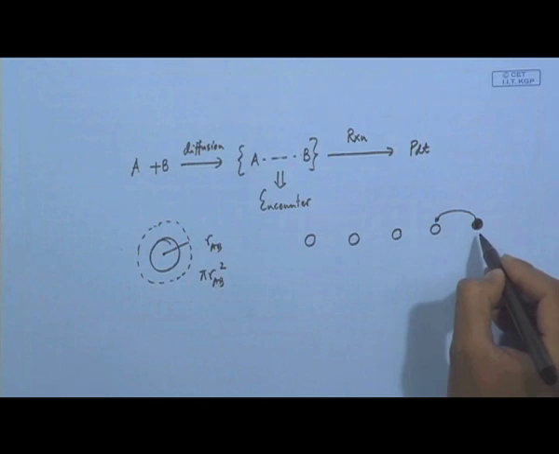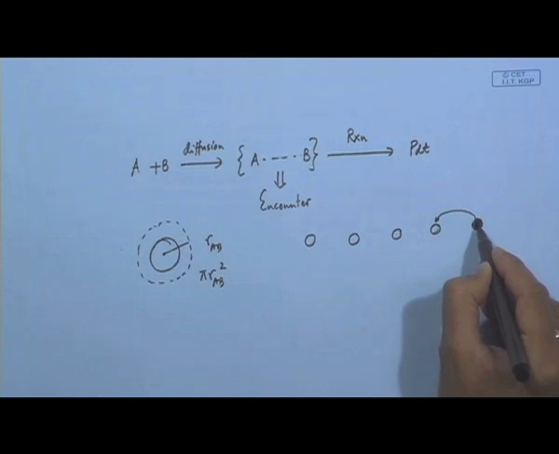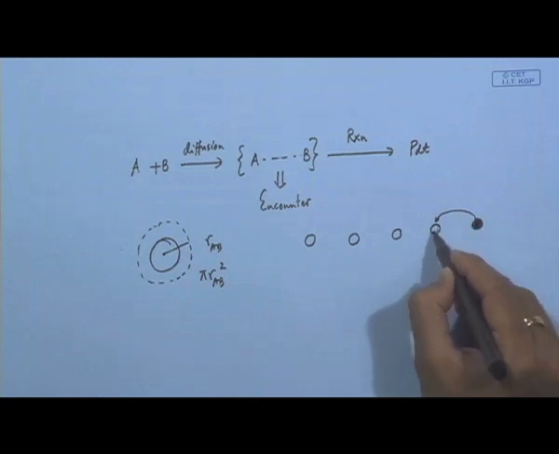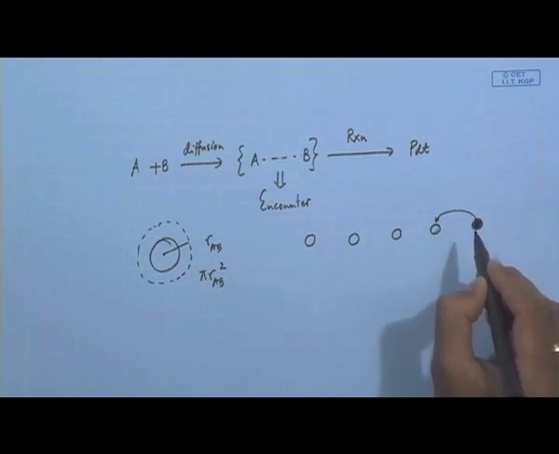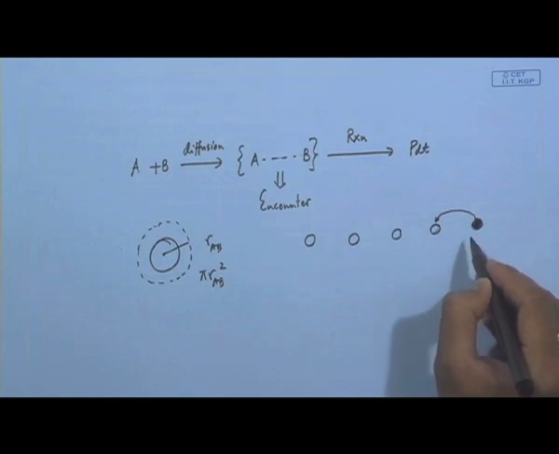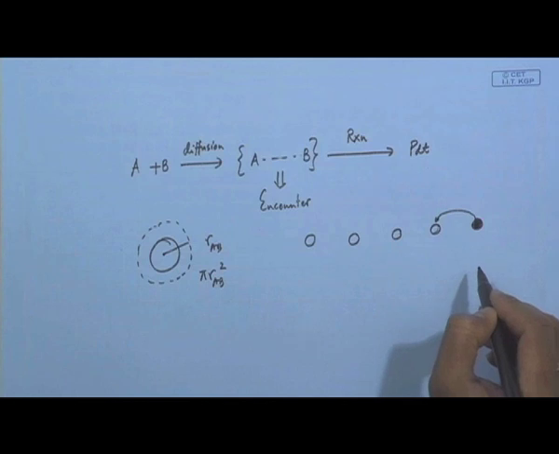If there is one molecule already occupying a space, then it has to leave and you have to remove the already occupied molecule. That will require some energy, so it is the diffusion barrier that is responsible for slowing down the process. So diffusion is ultimately a very important and determining factor for these very fast reactions.